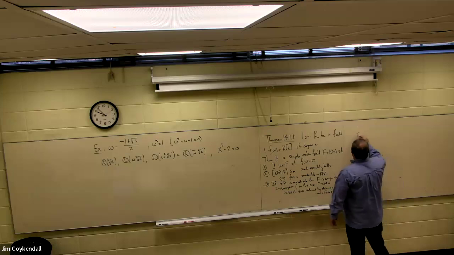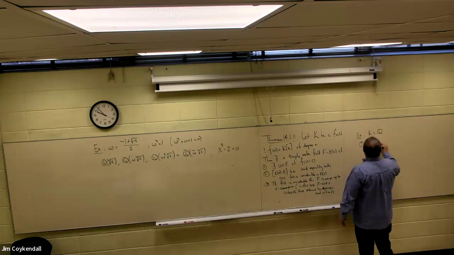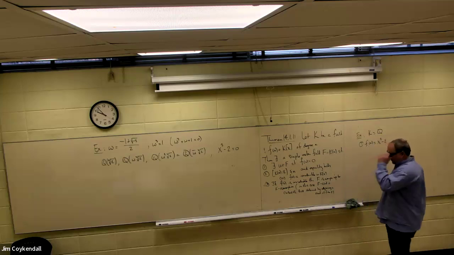So here's an example. Let K be Q. Number one, f(x) equals x squared minus 2.